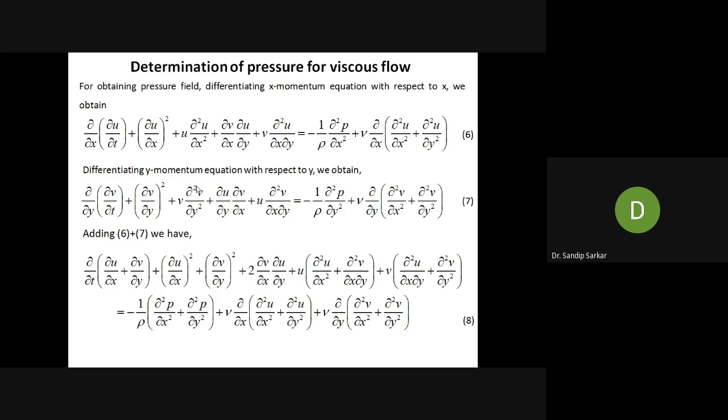Next slide, a little bit more algebraic manipulation. Now let us see. We have ∂/∂t of ∂u/∂x plus ∂v/∂y, plus (∂u/∂x) whole square plus (∂v/∂y) whole square plus 2 ∂v/∂x ∂u/∂y, plus u in this term plus v in this term, equal to minus 1 by rho ∂²p/∂x² plus ∂²p/∂y², plus nu ∂/∂x of this term plus nu ∂/∂y of this term.